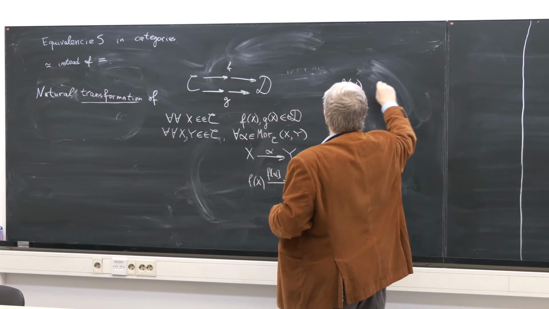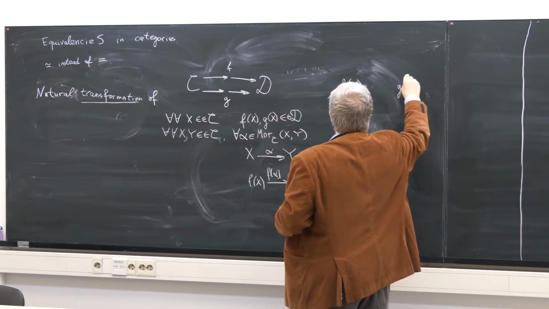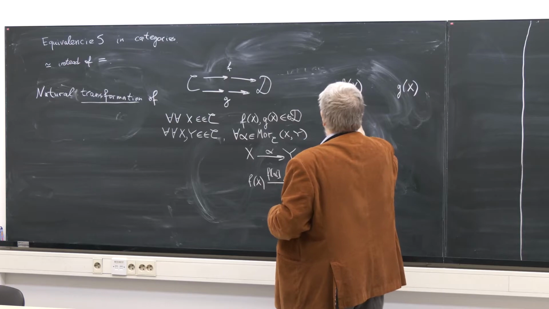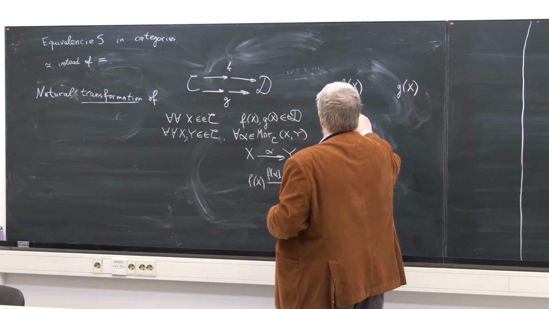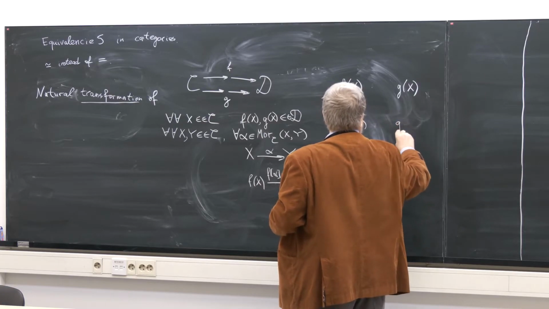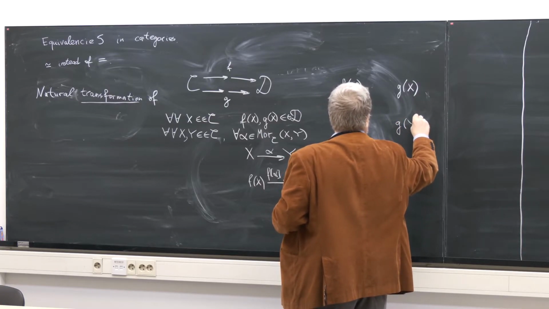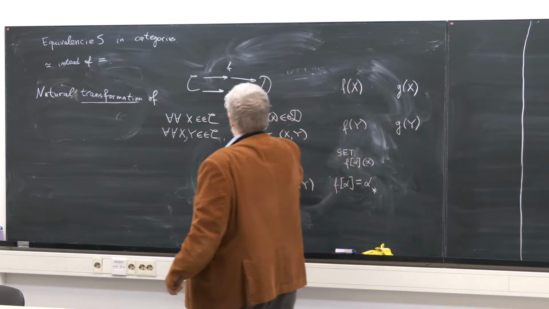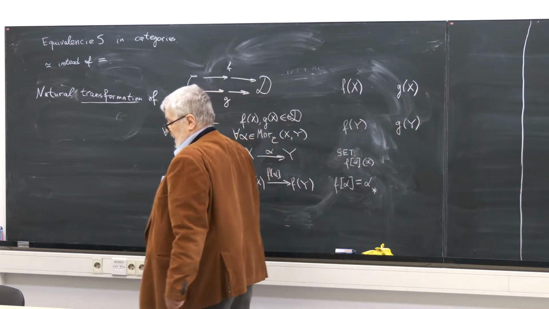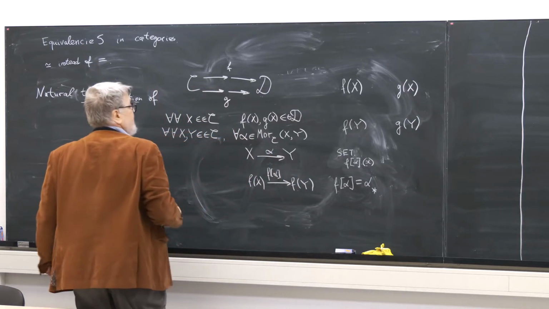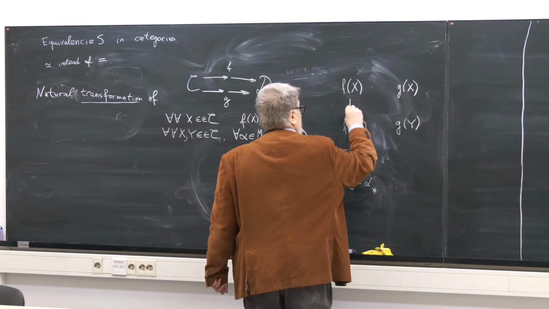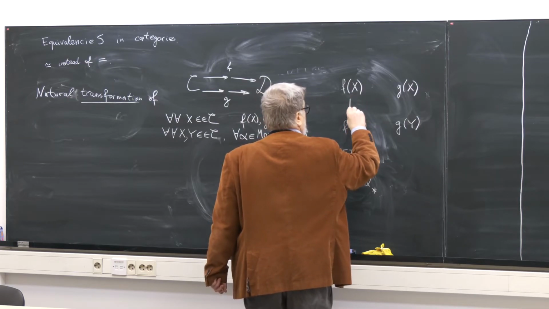Sorry, I'm not sure that I'm always drawing this square in the same direction, and f of y and g of y. Yes, so we have the objects of the category D in the vertices of this square. Now what do we have? The vertical arrows are f.